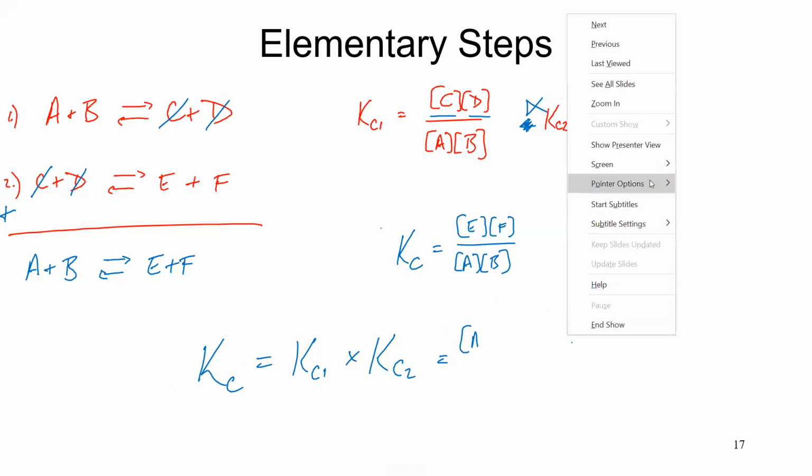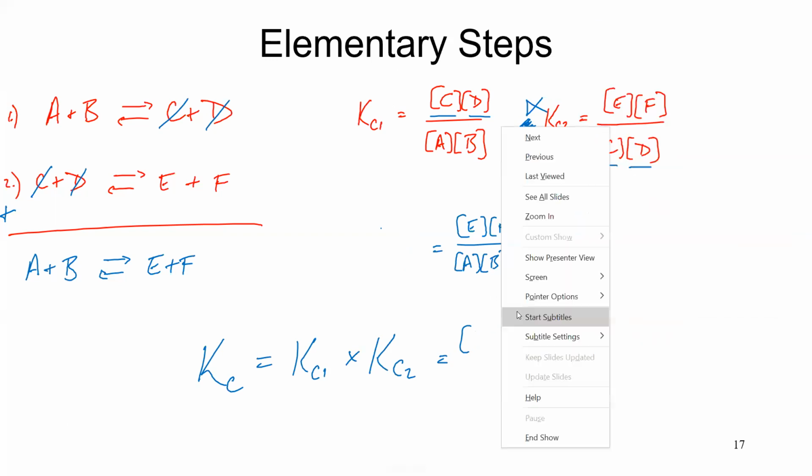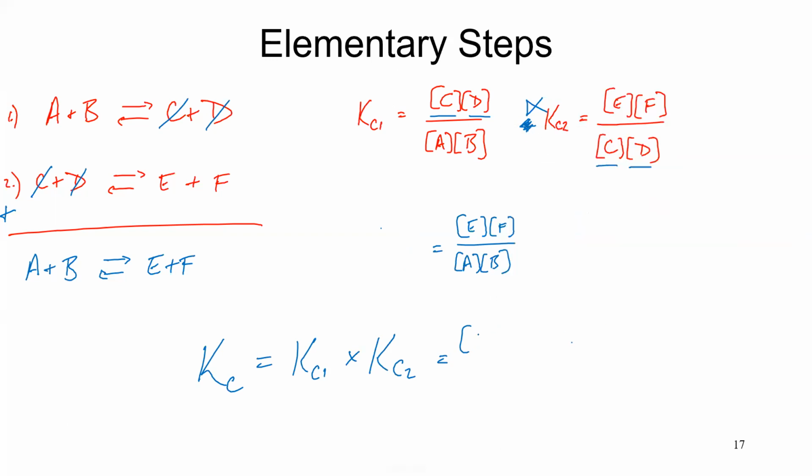And so if I write that out, find my eraser here. C times D over A times B, times E F over C D. C cancels, D cancels.